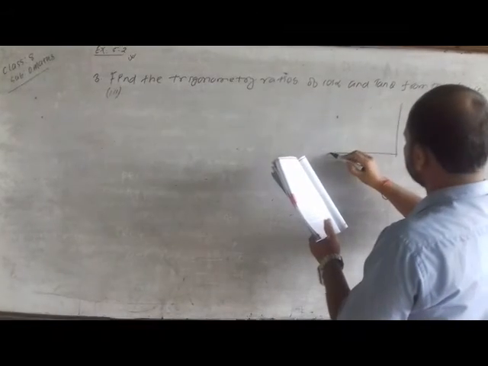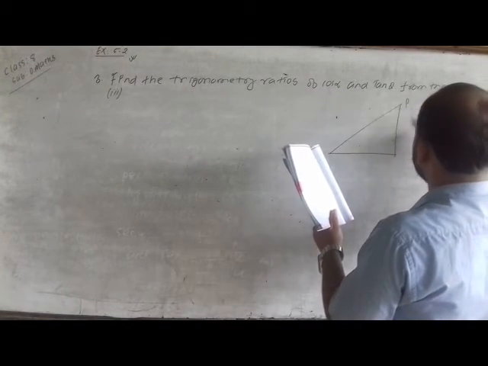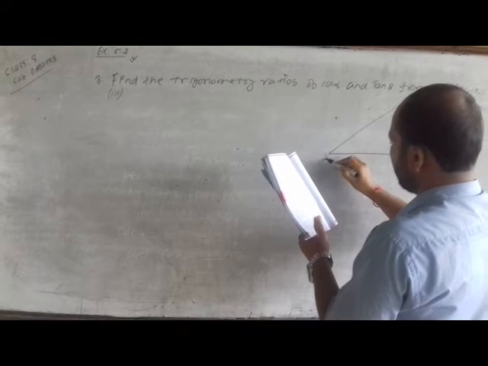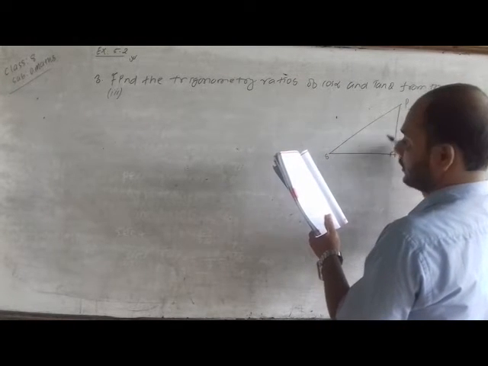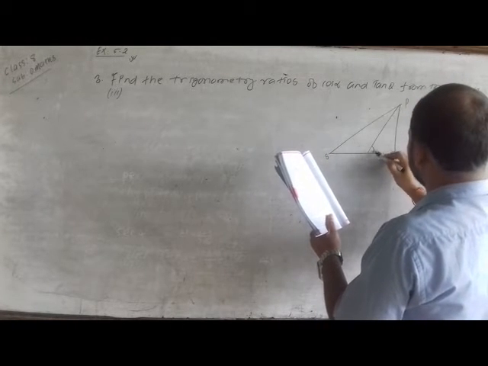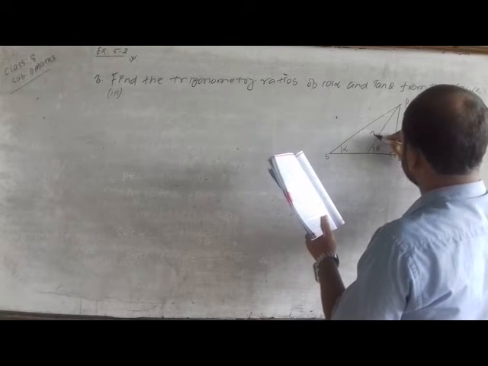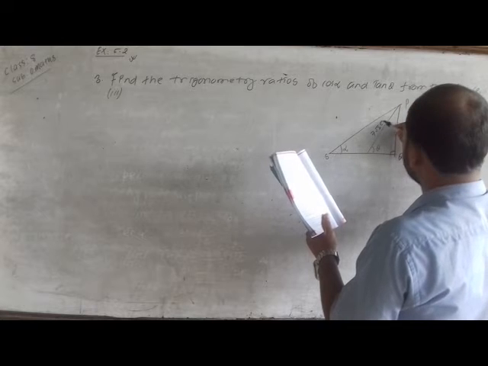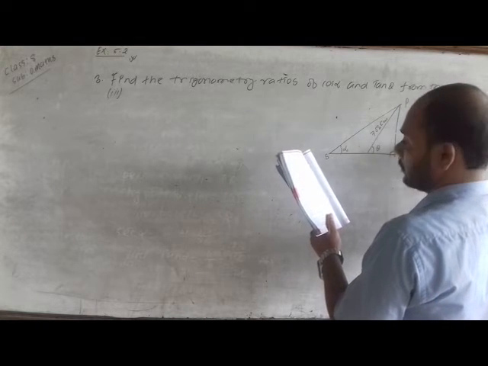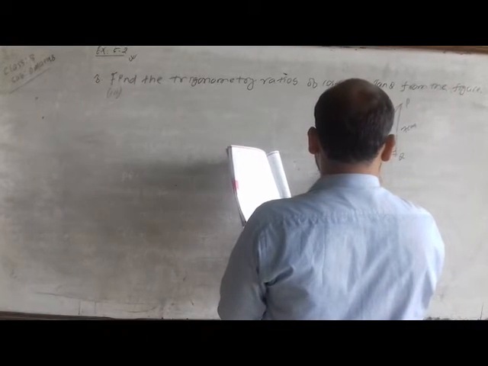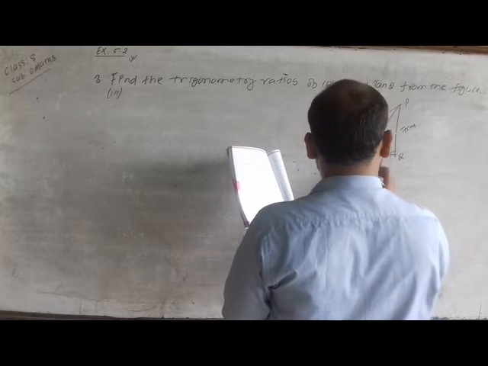Here we have, this is P, Q, S. This is 90 degree. And here this is theta. And this is alpha. And this is 7 root 2 cm. 7 cm. And this is 17 cm. Okay. Only this much.